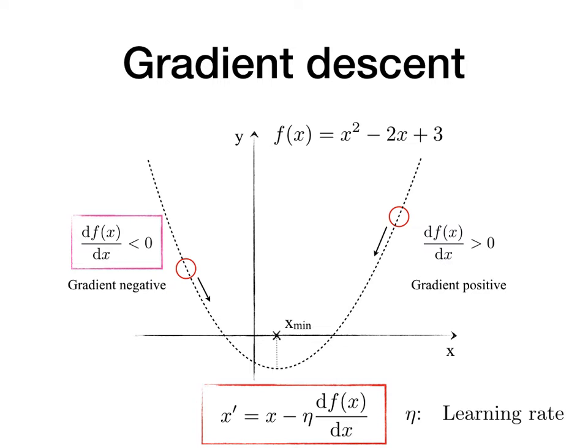Now let's say you chose a point here where the gradient is negative. Eta multiplied by the negative gradient gives you a negative number. x minus a negative number is a positive number, which means that x prime is larger than the previous value of x, which means the next value will be towards the right, which again brings you closer to the minimum.